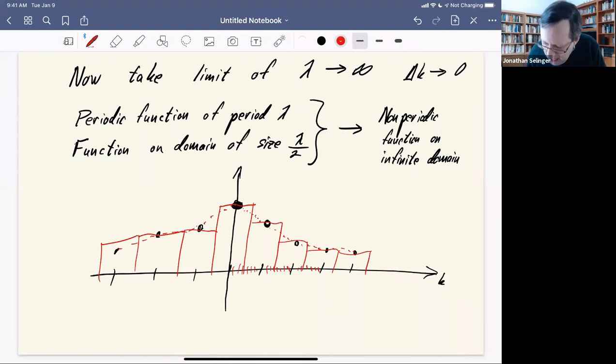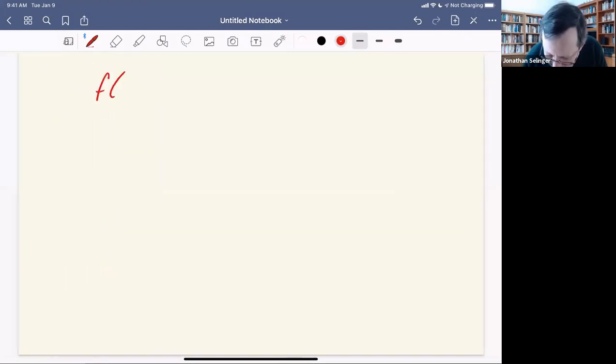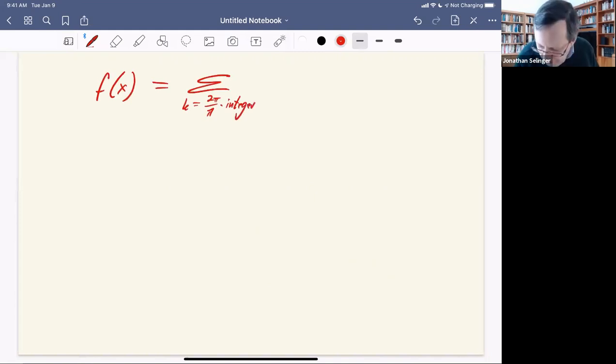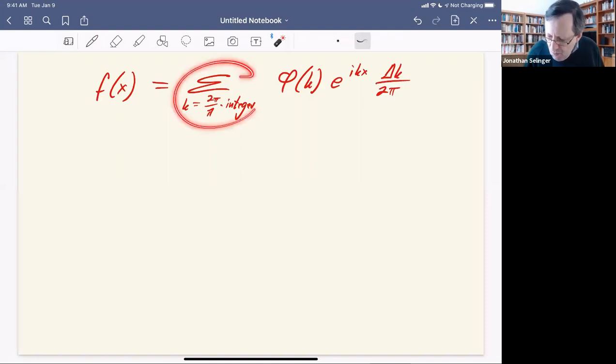So the f of x, right? My old expression for f of x was a sum over allowed values of k, the 2 pi over lambda times an integer, of phi of k e to the ikx, delta k over 2 pi. And this sum with a delta k turns into an integral dk.